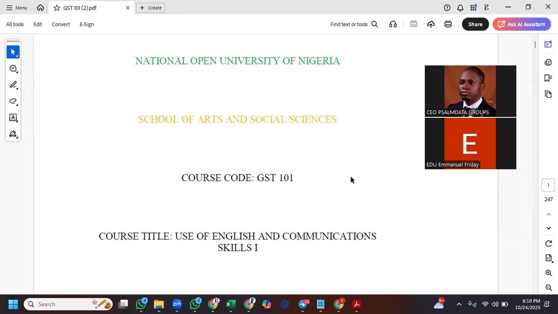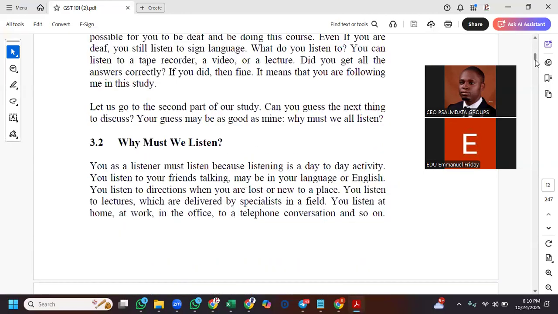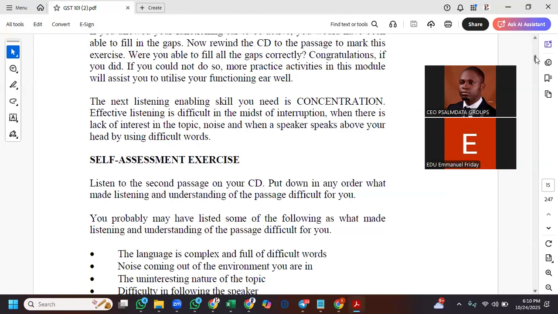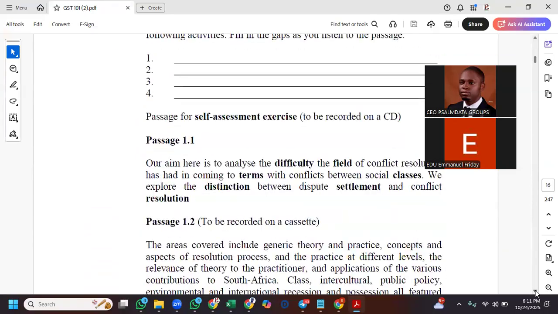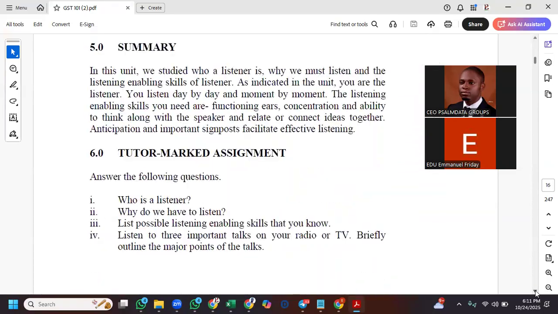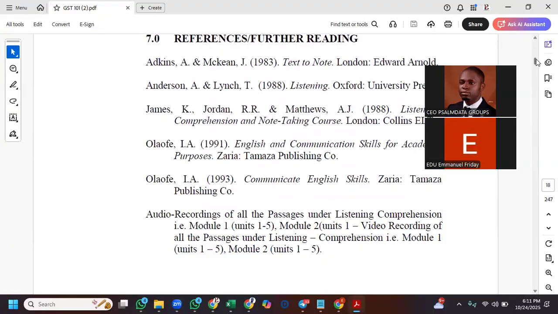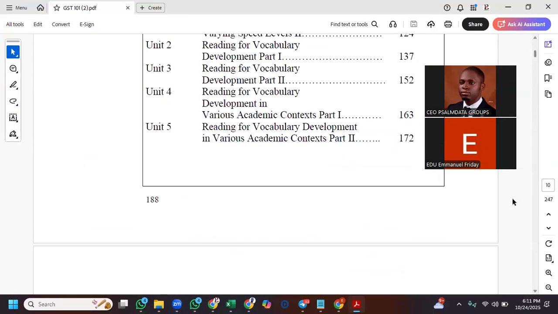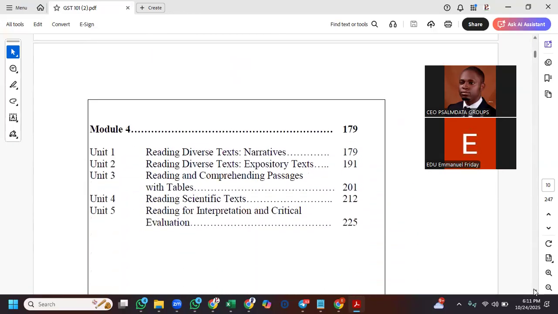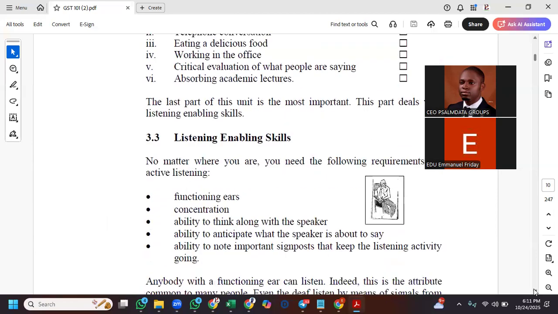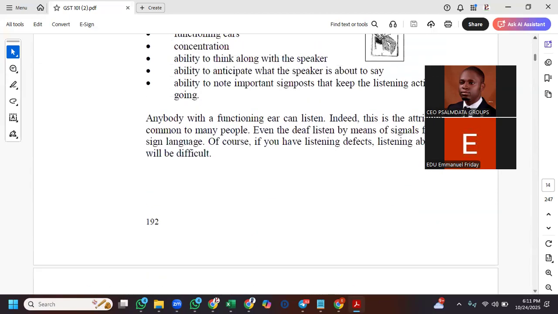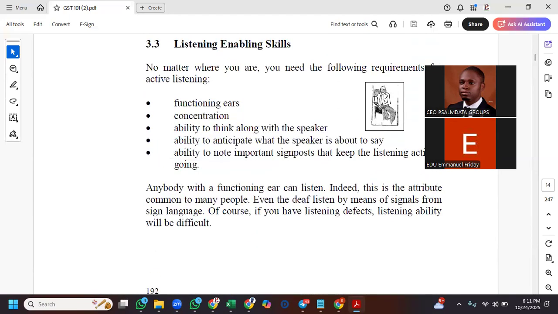The formula we used in the last class was FC triple A, I think. We formulated that formula on listening enabling skills. That is the skills you need in order to be able to listen very well. And we use the FC triple A.